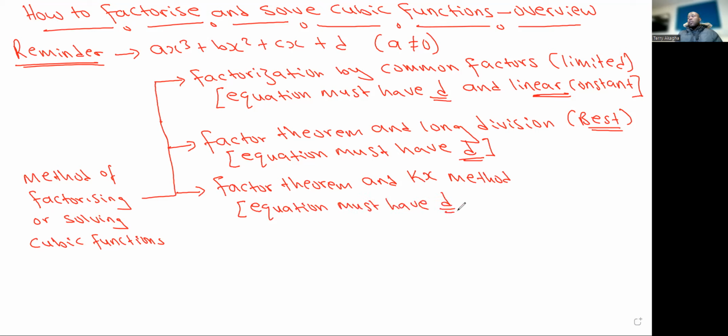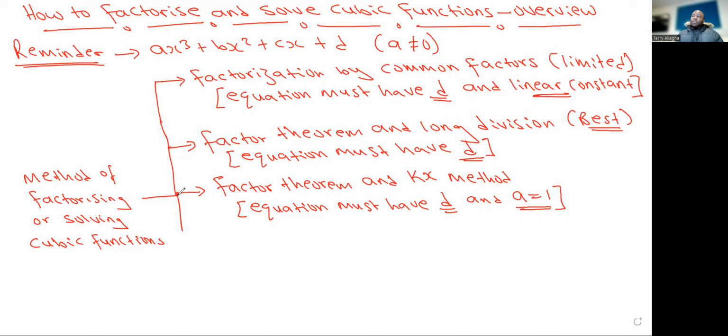That means the cubic coefficient must be 1 for you to solve this. So for example, you could have something like x cubed plus 7x squared plus 3x plus 7, okay? But the a must be equal to 1, all right?